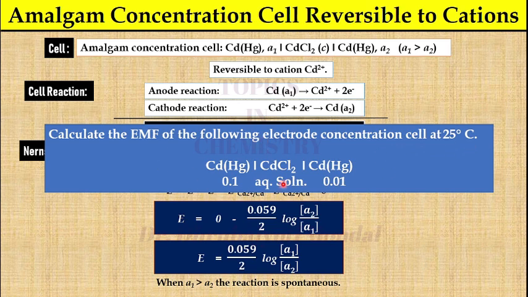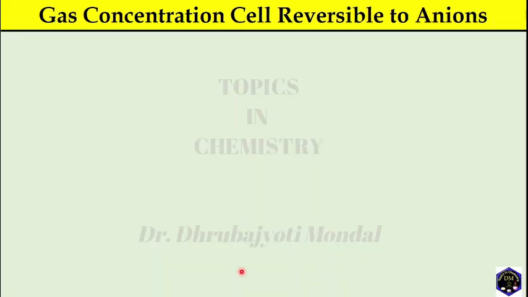So again you have to calculate the EMF for that cell. Here you can see the cadmium amalgam concentration is given, that is equal to 0.1, and another cadmium electrode concentration is given 0.01, and you can see A1 greater than A2. So again the cell reaction is spontaneous. So calculate the E cell for that cell using this equation.